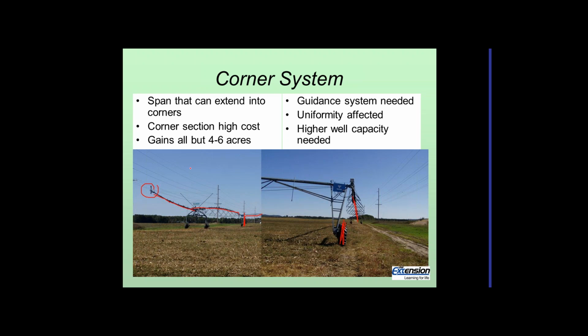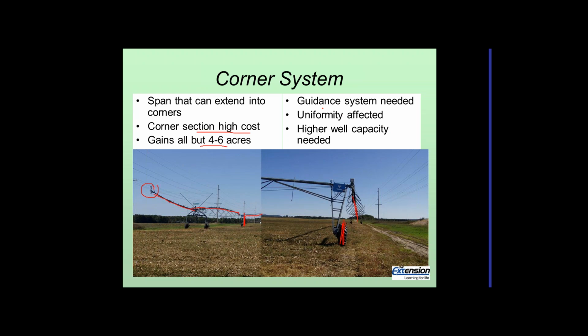So just to give you an example. The advantage of this is that we can cover all but about 4 to 6 acres, so we get more land coverage. Although this section is higher cost. To put one of these in, this one little section is about $40,000, and we'll cover more costs a little later.